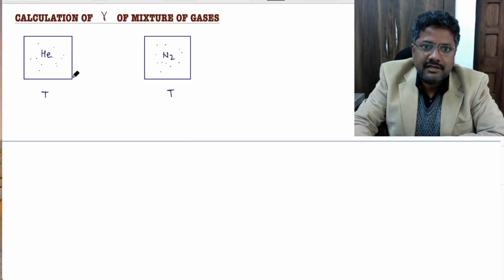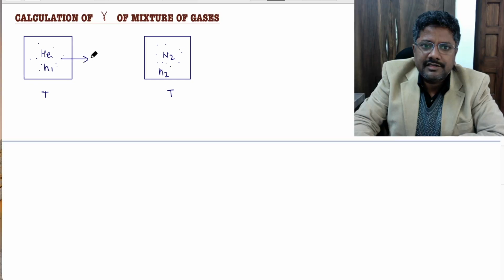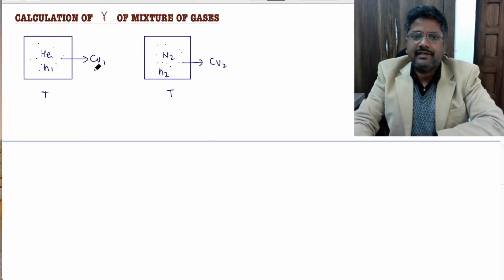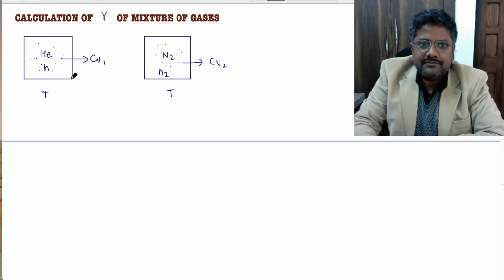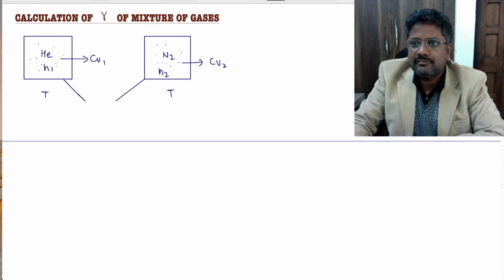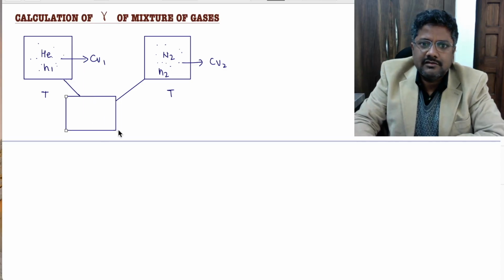Here there are N1 moles of helium and N2 moles of nitrogen, with heat capacity at constant volume CV1, and here CV2. Definitely both have different CV values, right? Suppose these two gases were mixed, N1 and N2 moles, right?